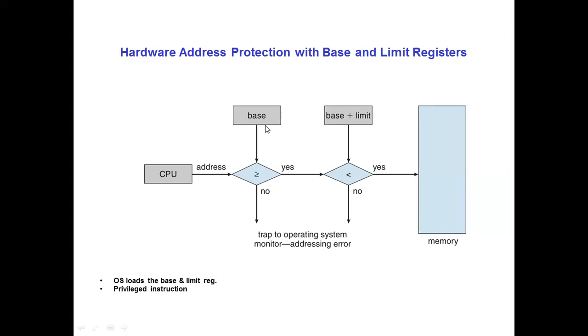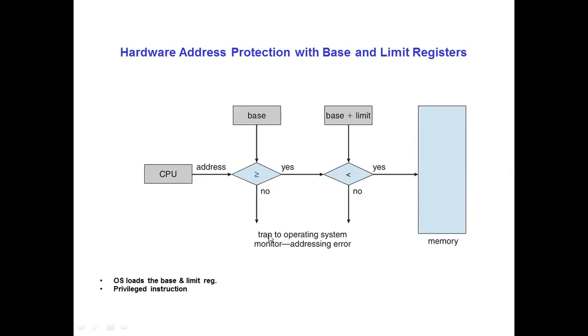Now here you can see this is the base register, and it is going to be stored in this. So, is the address greater than or equal to the base? If the condition is true, then it will go on, and it will add the base plus limit register space. Otherwise, no: trap to the operating system, monitor addressing error.